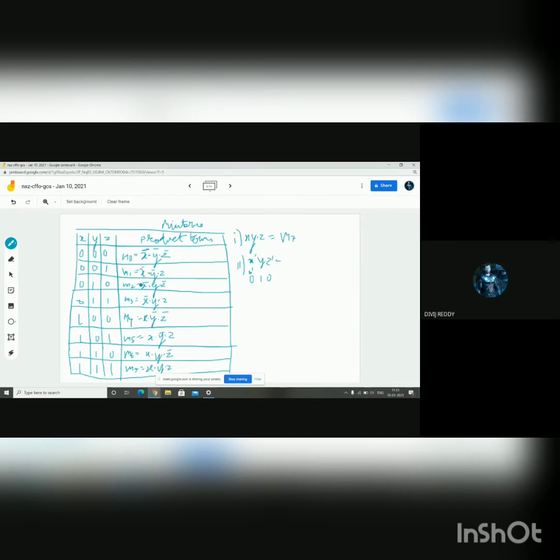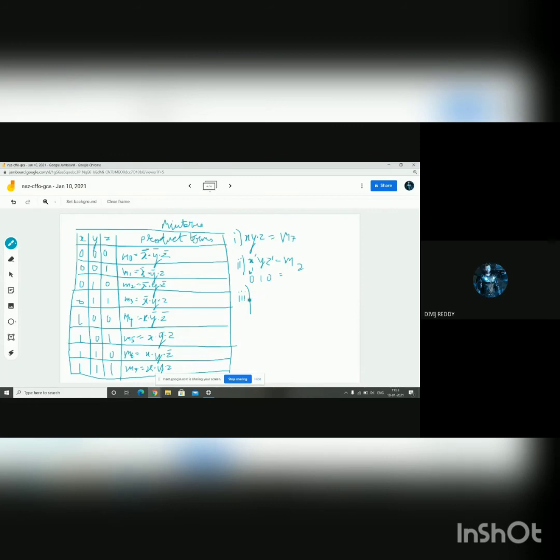So 0, 1, 0, we get binary code as 2. So x complement y z complement represents the second minterm, which is M2. You can also verify from this table: x complement into y into z complement is M2. Now let us solve the third question in a similar manner.